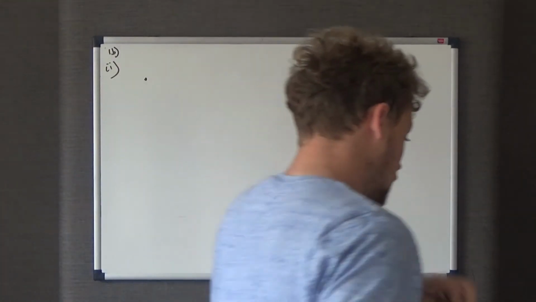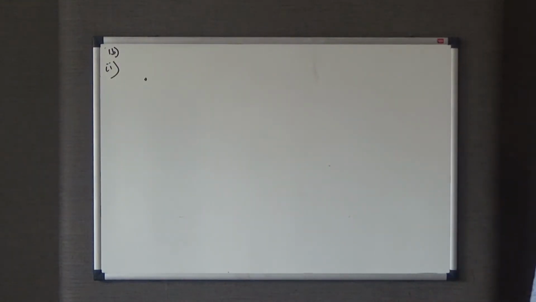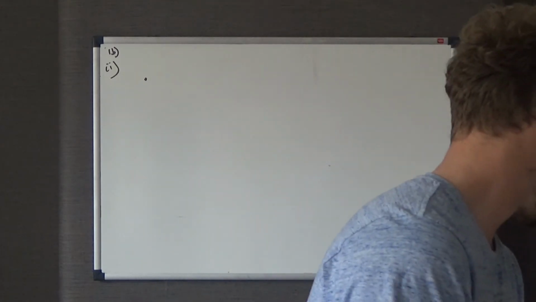Now you can look on the mark scheme for exactly what it wants you to say. With all these 6 mark questions, whenever you look on the mark scheme, a lot of it is waffle, because obviously people write it in such different ways.